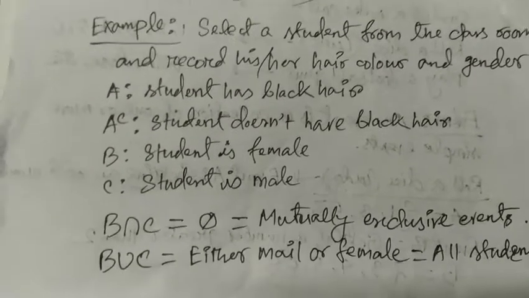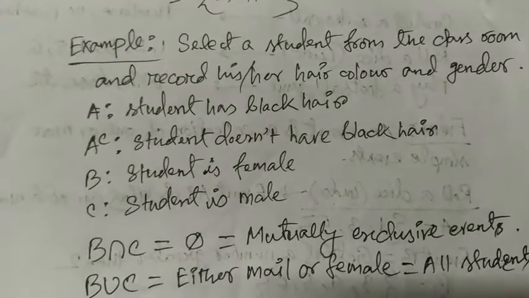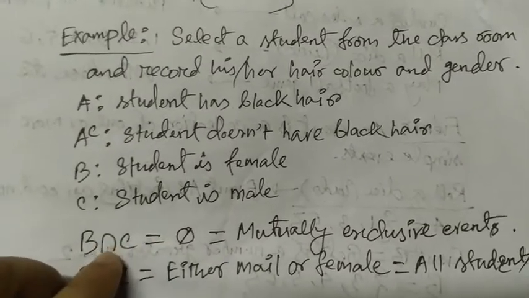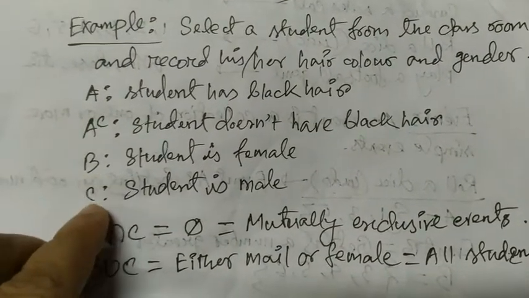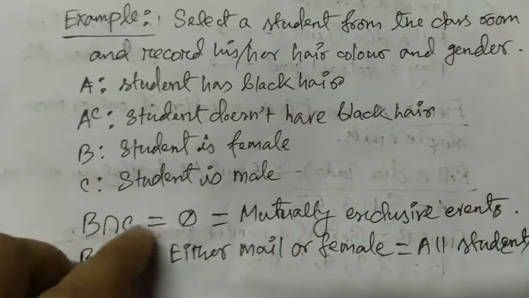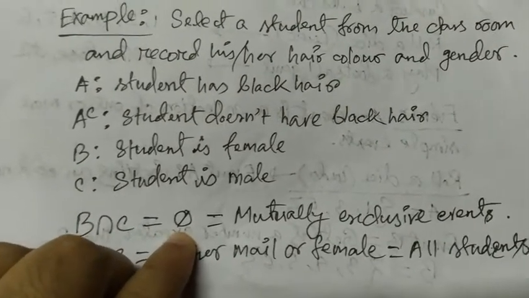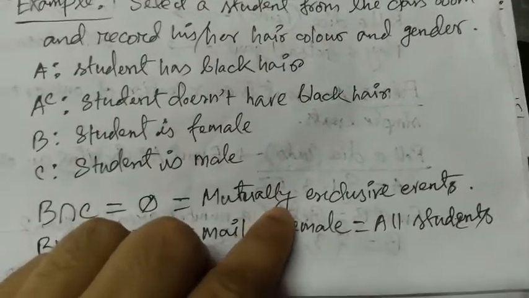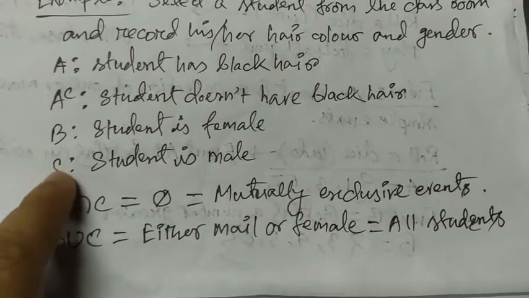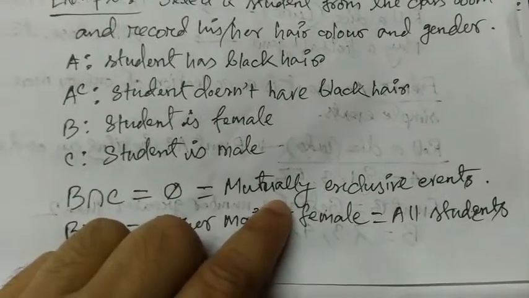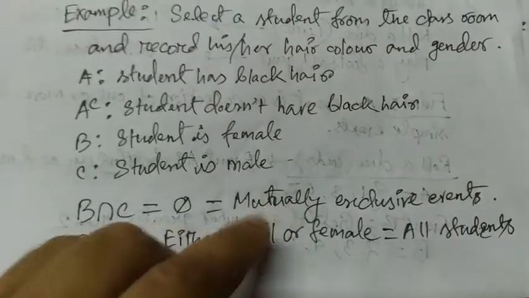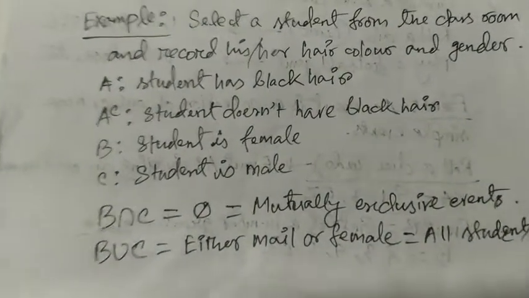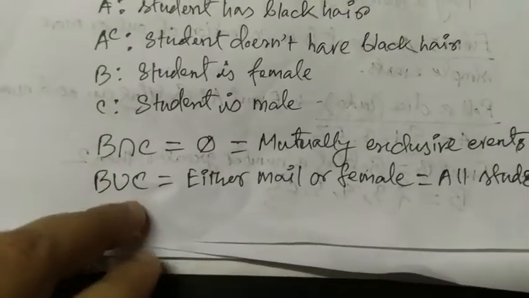Let us assume that there is no student with common gender. So there is nothing common between event B and C. So B intersection C is null. That means nothing. So event B and C will be called mutually exclusive events. We are assuming that a student can be either male or female, right?